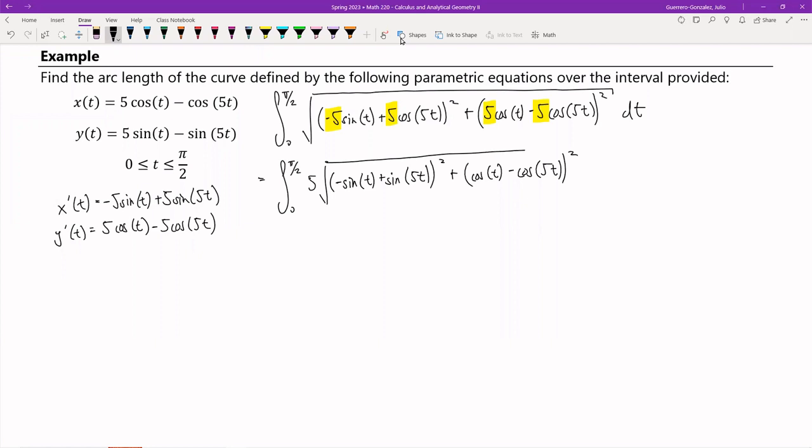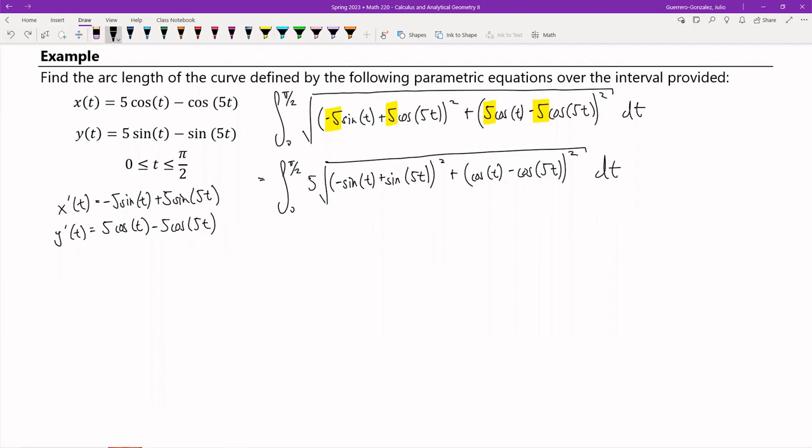Now I'm going to put the hat on it. Boom, dt. Okay, work it out. Write it out so that you can prove to yourself that that 5 actually, sure enough, pops out.